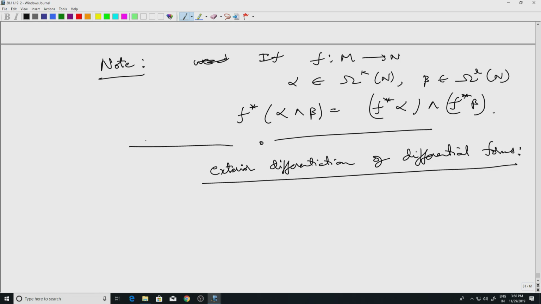So we are going to define a linear map from Omega^k(M) to Omega^{k+1}(M), which we denote by d.